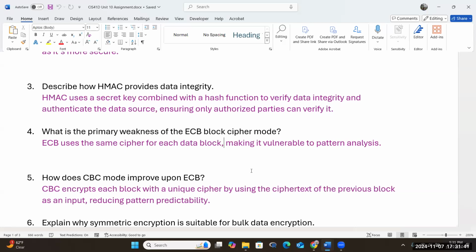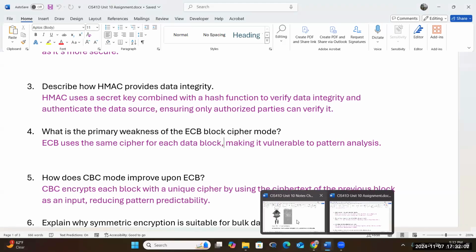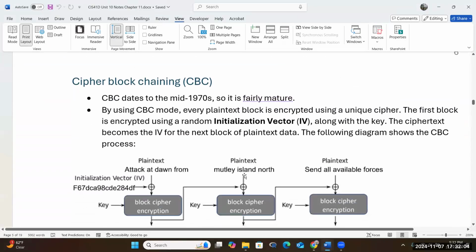One block is different than the next block and different than the third block and so on. So it reduces the pattern prediction, and therefore it is stronger than ECB mode. And this is what you see with cryptocurrency. But let's look at it closely.